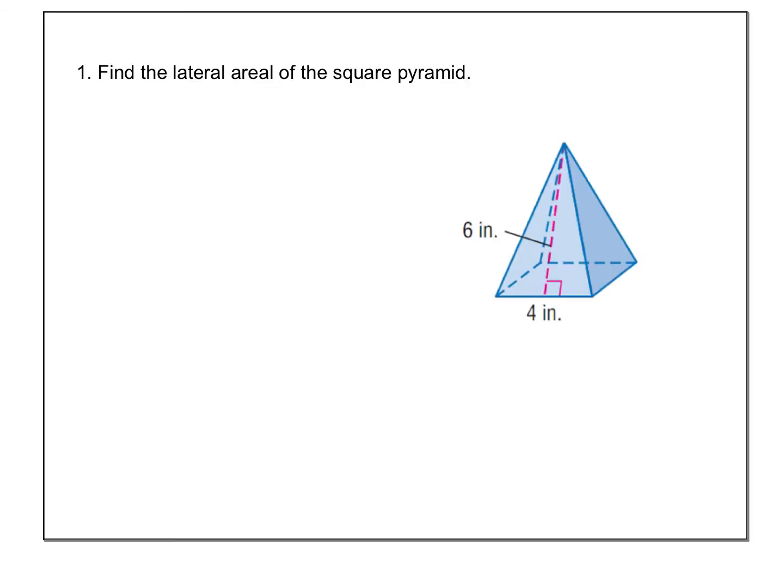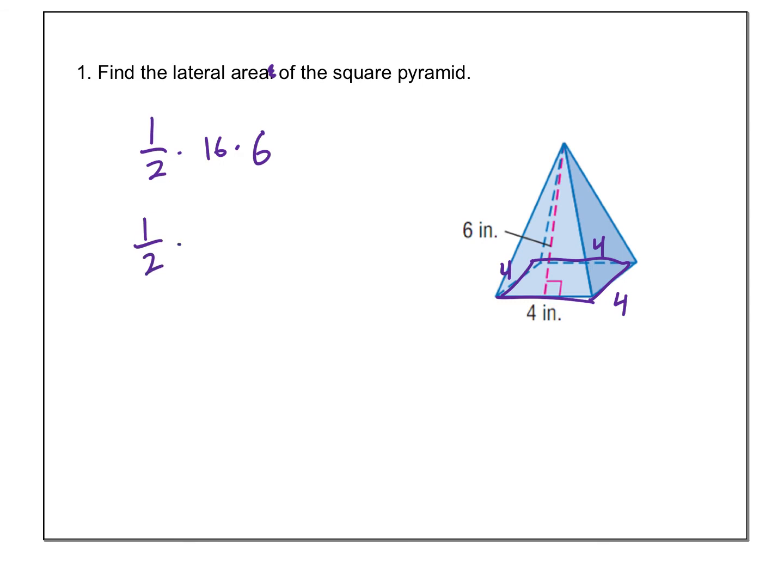So let's start off easy. That should be area, not areole. This is a square, so 1/2 perimeter is going to be 16, from 4, 4, 4, and 4, times my slant height, which is 6.